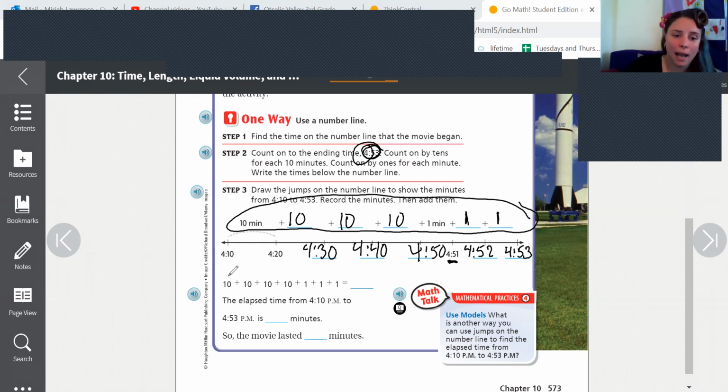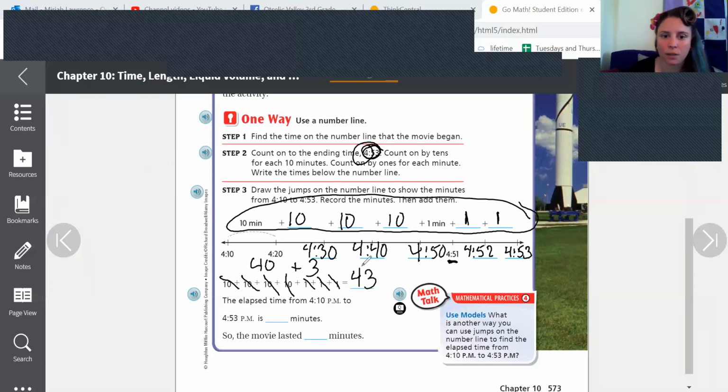So it's 10 plus 10 plus 10 plus 10. 10, 20, 30, 40. 1 plus 1 plus 1. 1, 2, 3. 40 plus 3 equals 43. So the elapsed time from 4:10 until 4:53 is 43 minutes. So the movie lasted 43 minutes.